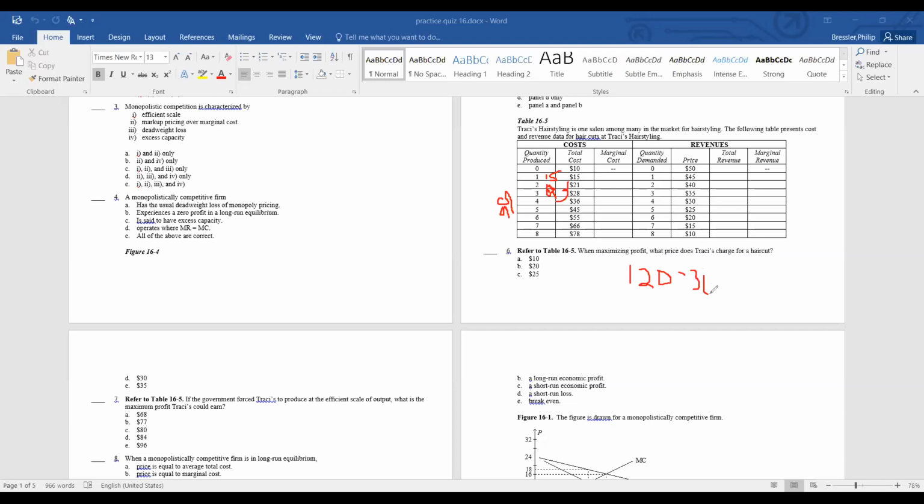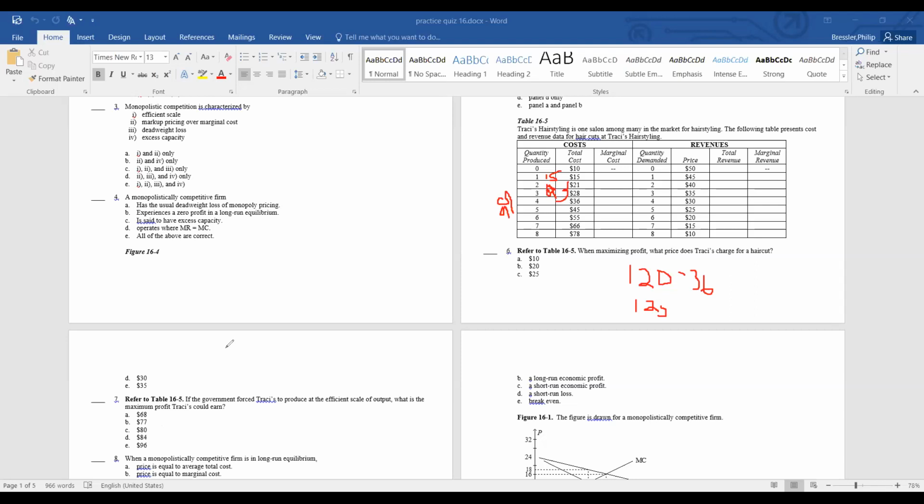So that's the profit there. At 5, it's 5 times 25, which is 125, minus 45 is 80. So the answer is going to be at 4 units, and the profit is going to be $84.